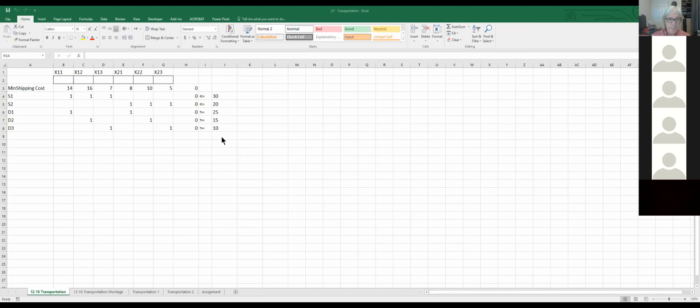So because of that mechanism, the demand constraints will be met as equalities. You don't allow it to be less than the demand, you allow it to be more than or equal to the demand. It will take the equal to because this is the minimum amount allowed.